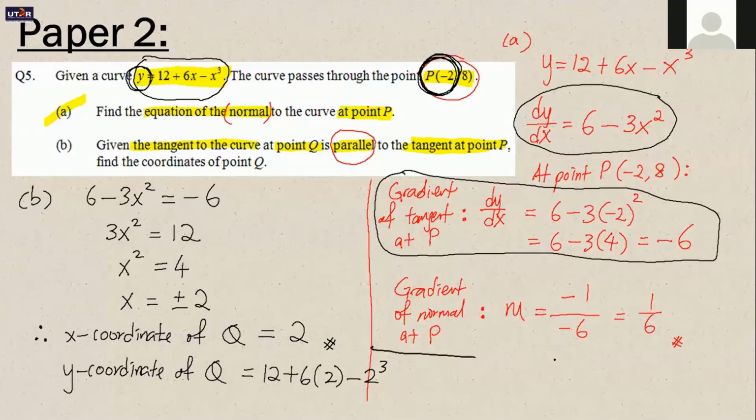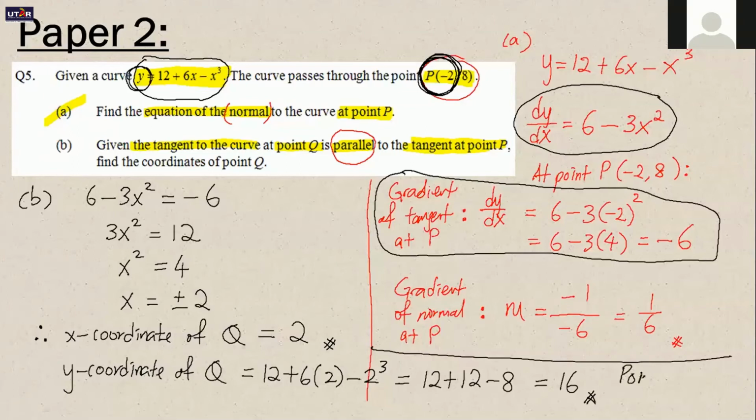So the final answer will be 12 plus 12 minus 8. So you can get the answer 16 here. So point Q is (2, 16). So this is the coordinates of point Q. Okay. So this is question 5 for paper 2.